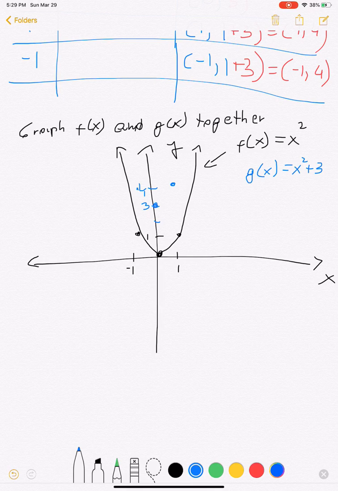So we have nice points, and that's how g of x looks like. So this is g of x. Okay, so like you see, the same shape, we just move entire graph 3 units up. Okay. Now, next what we need to do with this problem, we need to find the domain.